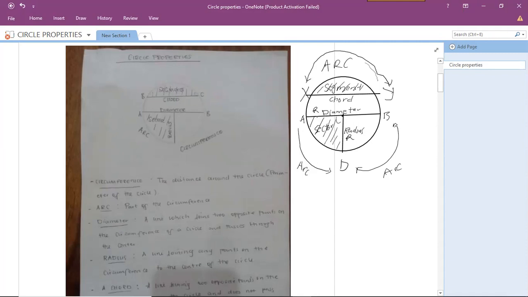A region bounded by two radii and an arc is known as a sector. A region bounded by a chord and an arc is known as a segment.